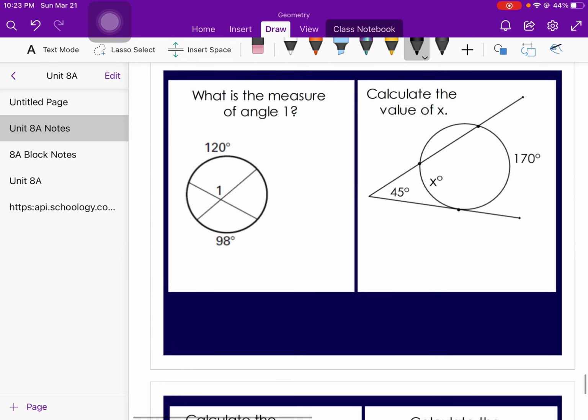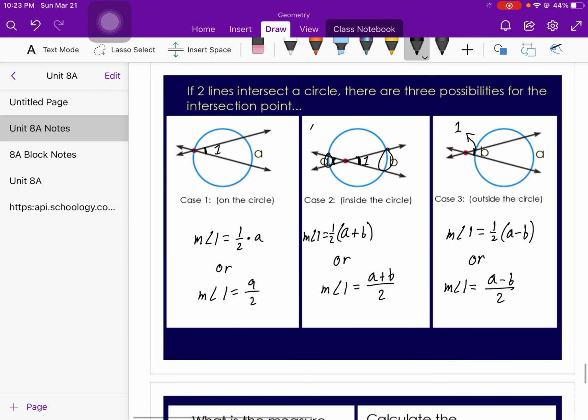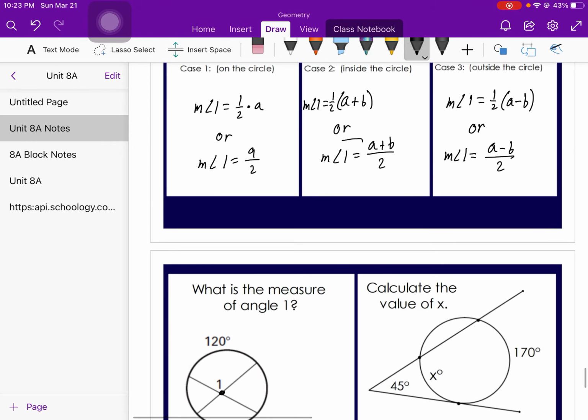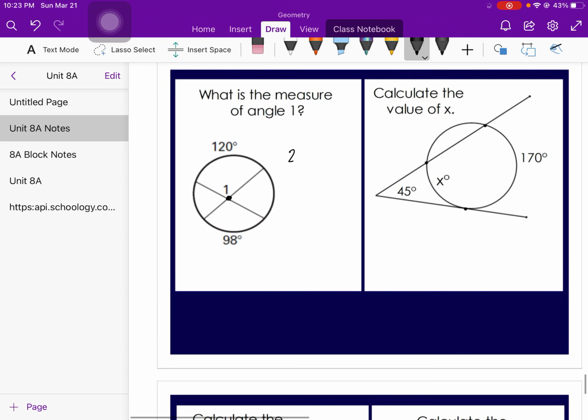First one, what is the measure of angle 1? Well, notice it's inside of the circle. This point is not at the center, and it's not on the circle. So we have to use the second formula, this one right here. So what we would do for this, I'm going to use this form of it. I'm going to add up those 2 numbers together, 120 plus 98, and I'm going to divide it by 2.